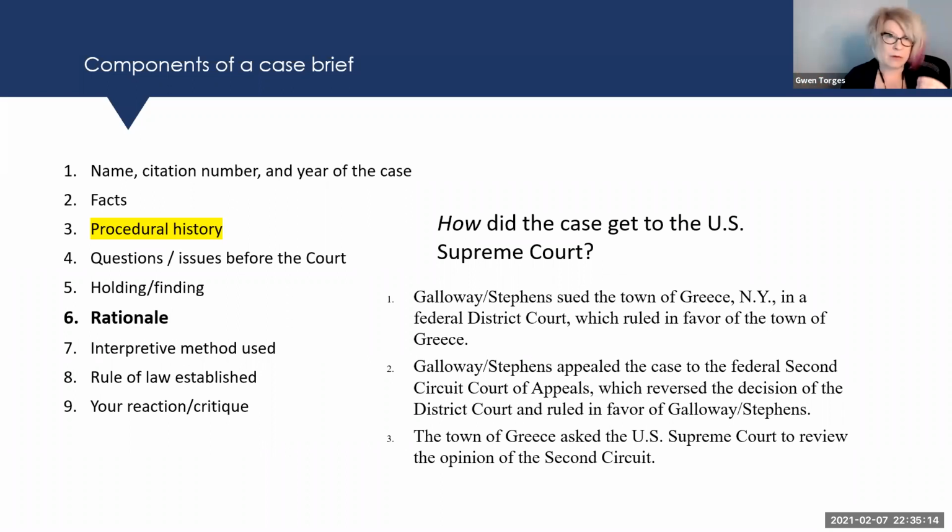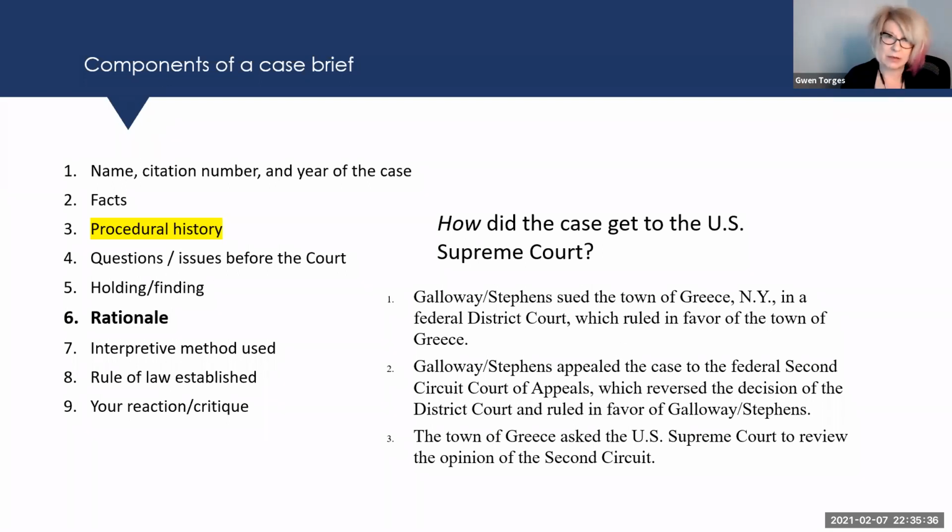They lost. The court voted in favor of the town of Greece. So because they were the losers, they're the petitioners, because they don't like that outcome. So they appealed to the federal court, the Second Circuit Federal Appeals Court. This time, that court reversed it, and they said, you know what, Galloway, we think that you won.